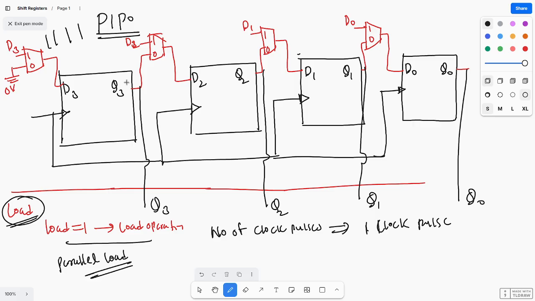In the first clock pulse the data is loaded, and during that same clock pulse you are taking out the data, 1 1 1 1. So only one clock pulse is required. This is nothing but PIPO, parallel in, parallel out. Is it fine?